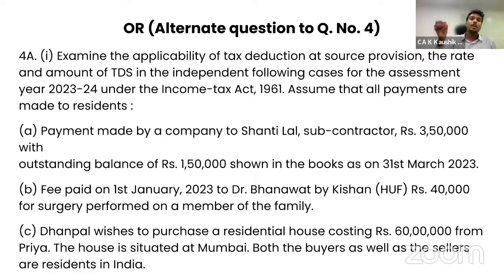Here, on due basis or payment basis, whichever is earlier, TDS will be made. Here, 2 things are there. One payment is made, 3,50,000, and one due is created for 1,50,000. Thereby, total on which TDS will be applicable is 5 lakhs at 1%.